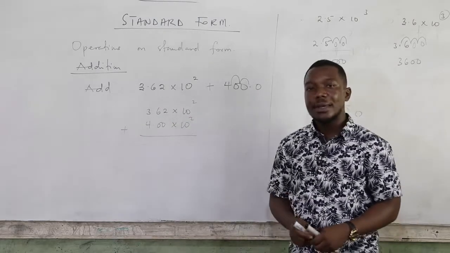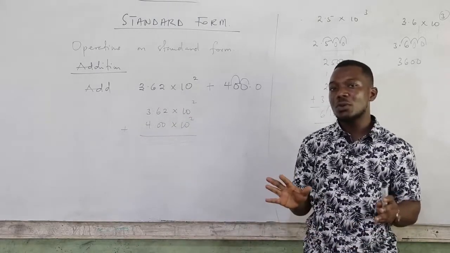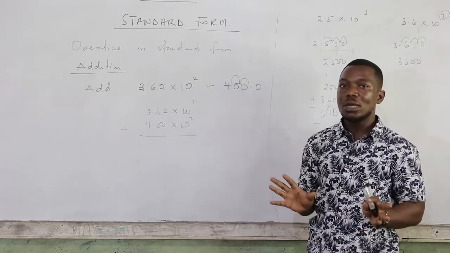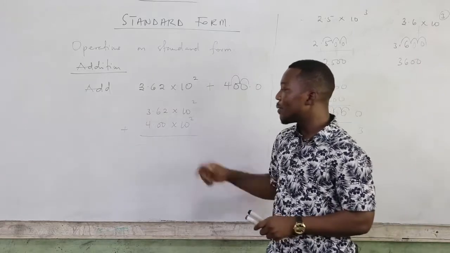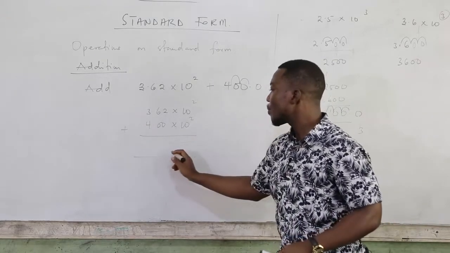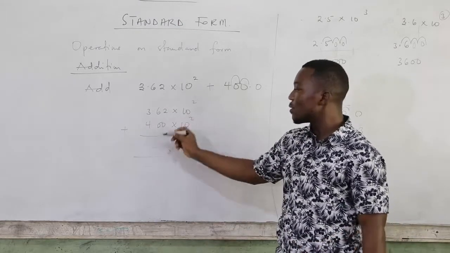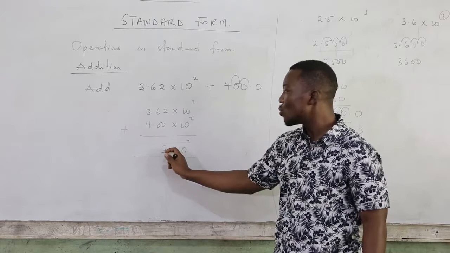All right. Now, our first step is we've made sure the power of 10 both of them have is the same. So now we can add. We write only one of these. Then we add the decimal part. 2 plus 0, we have 2.